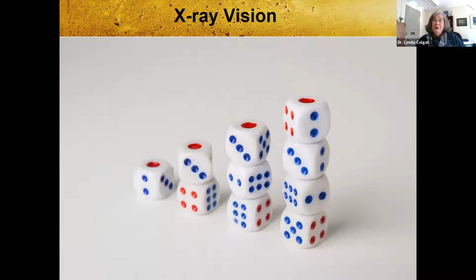I am going to predict the sum of those hidden faces, and all I need is 1 clue. What is the number on the top? So can someone give us a number on the top?